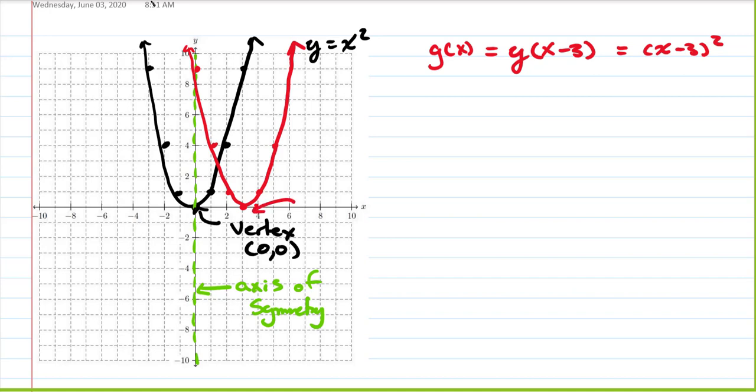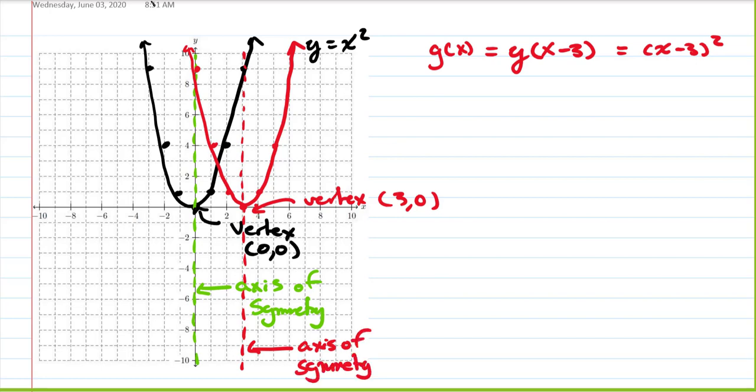And in our new graph, our vertex would now be located at 3, 0, but we would also notice something else. Our graph no longer has y-axis symmetry, but it is still symmetric through its vertex. So it still has an axis of symmetry.